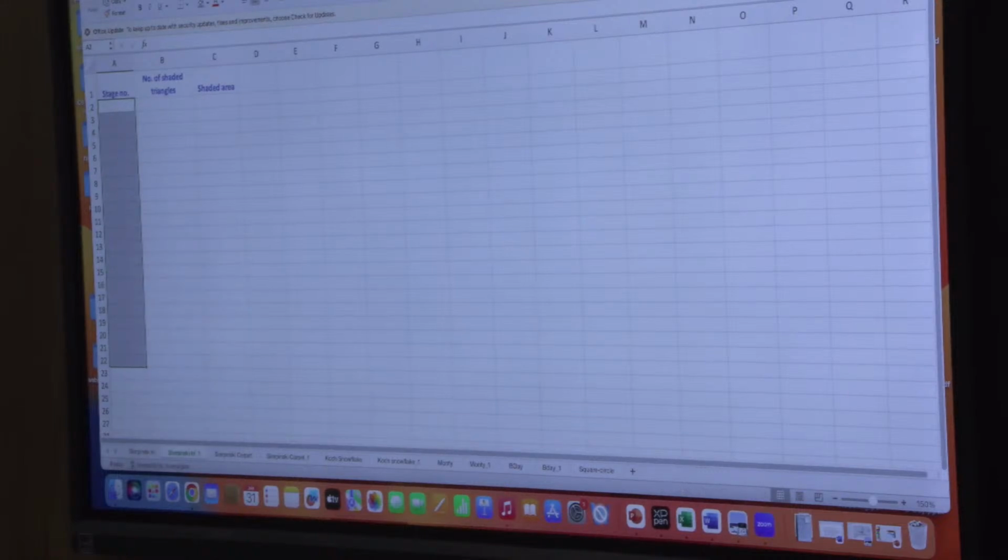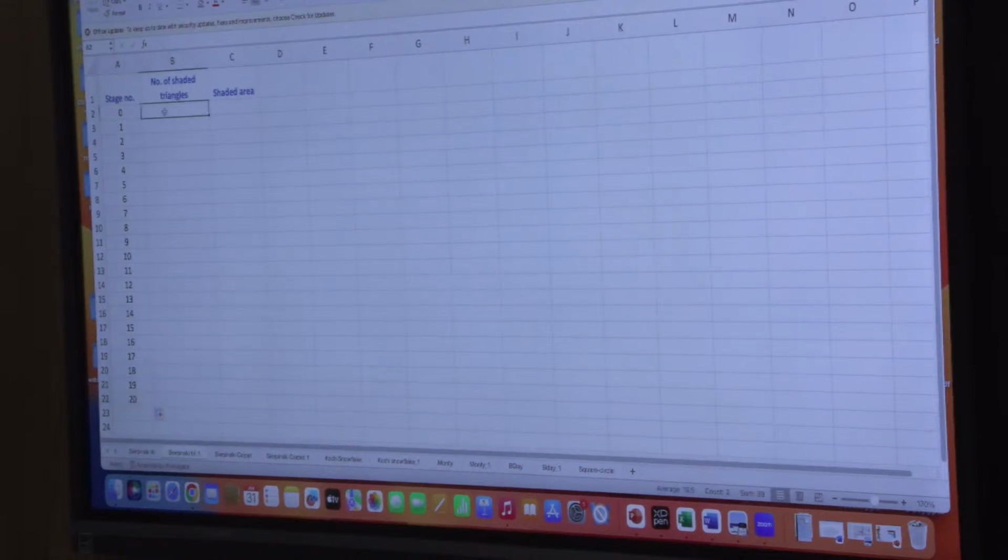So if you start with stage 0 and you input a very simple formula, equal to the previous cell plus 1. We can use the fill command, but here I'll simply drag the cell, and because I just need up to stage 20.